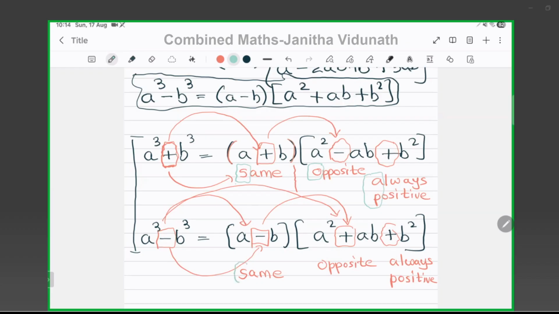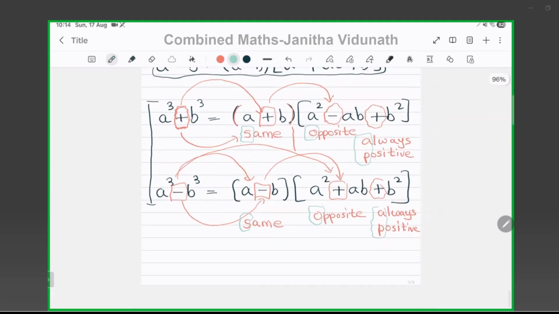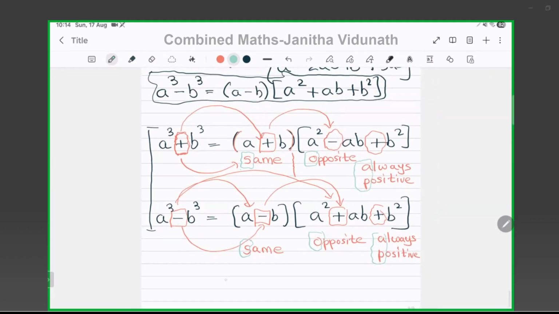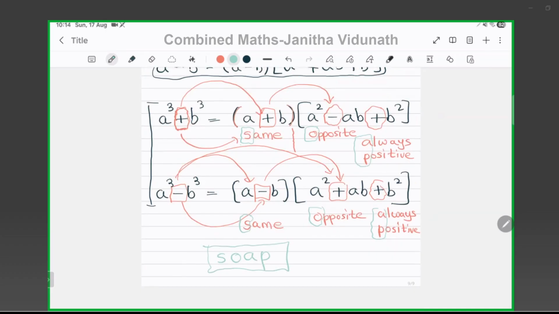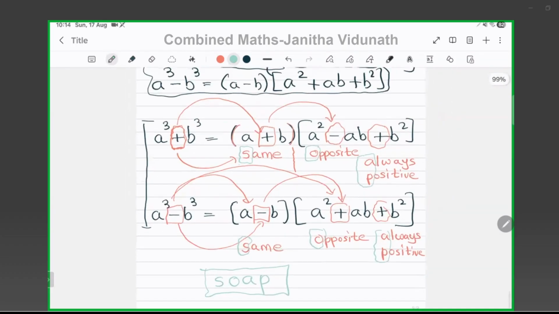Here we get same. Here we get opposite. Here we get always positive. Then we simply memorize the word SOAP. We all know this word from our childhood. Simply we remember the word SOAP.